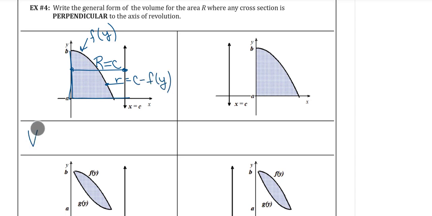So our volume will be pi times the integral from A to B on the y-axis now of C squared minus C minus f of y squared dy.